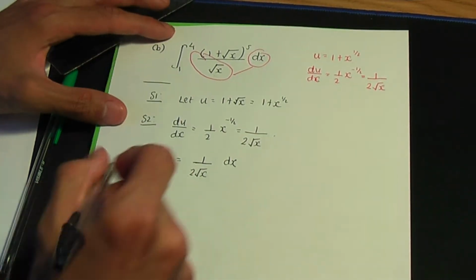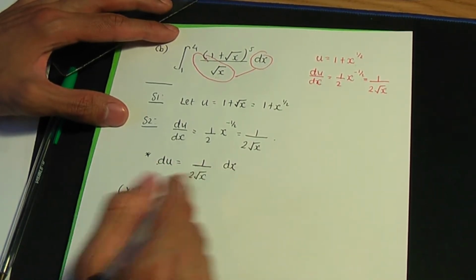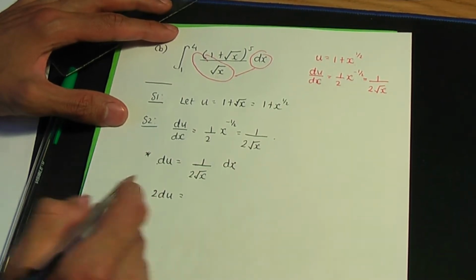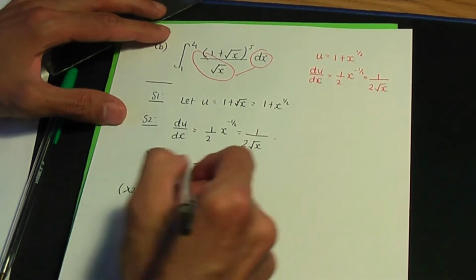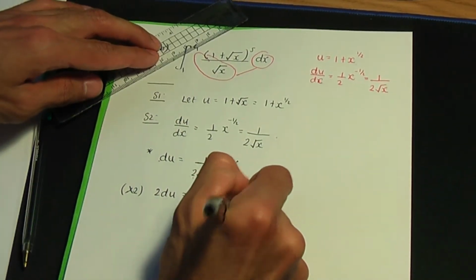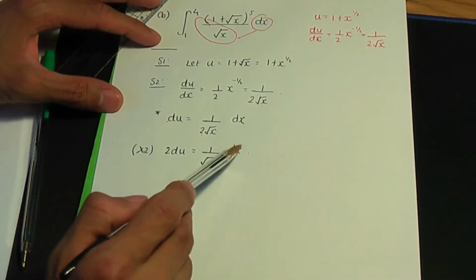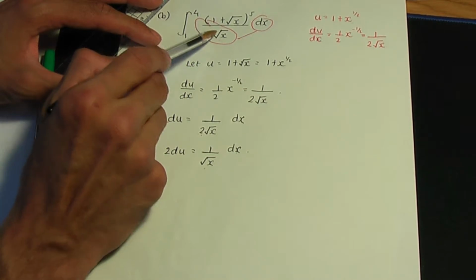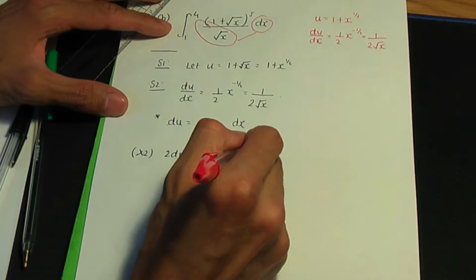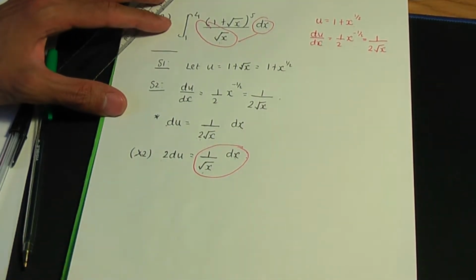If I multiply both sides by 2, 2 du, 2 times half is 1, so you're going to have a 1 over root x dx remaining. Now I have a 1 over root x dx, which matches the 1 over root x dx in my integral. So in other words, I can replace this by the 2 du.